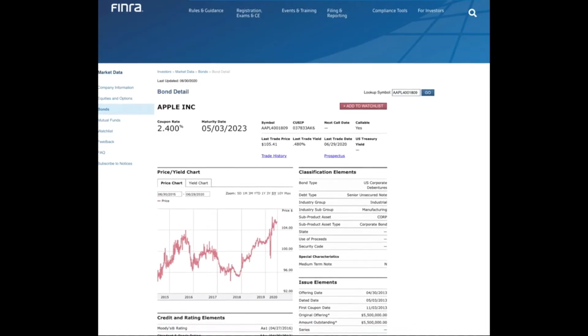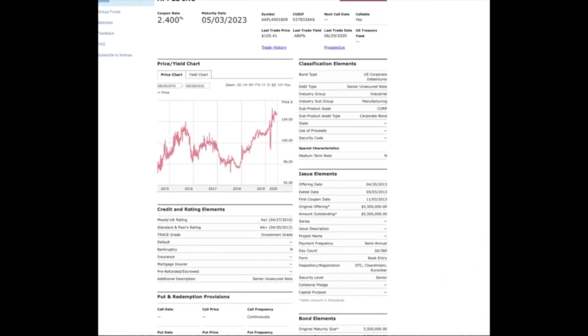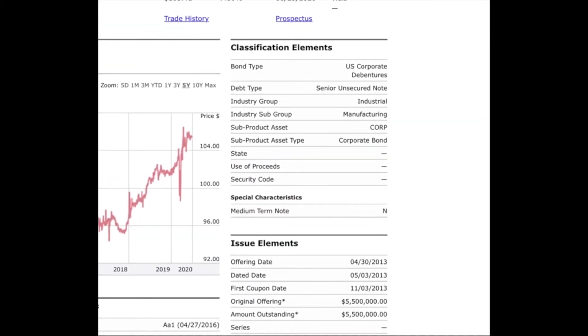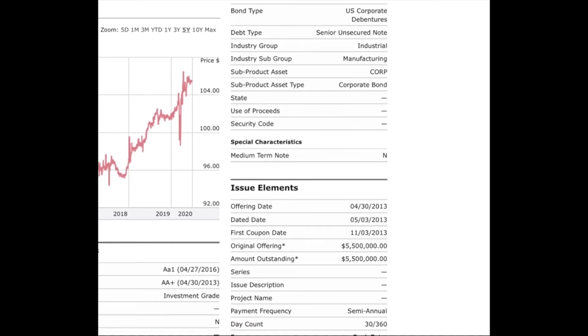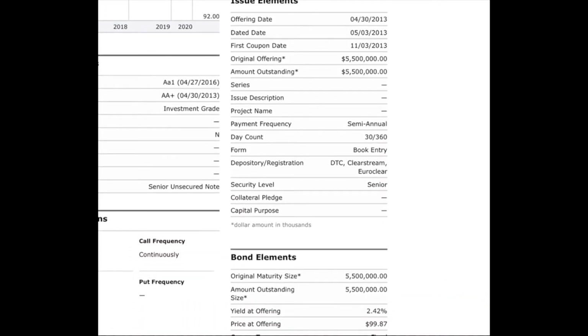They have the bond information, the maturity date, and their price. As you can see, their bond type is US corporate, and they give a coupon on a semi-annual basis.